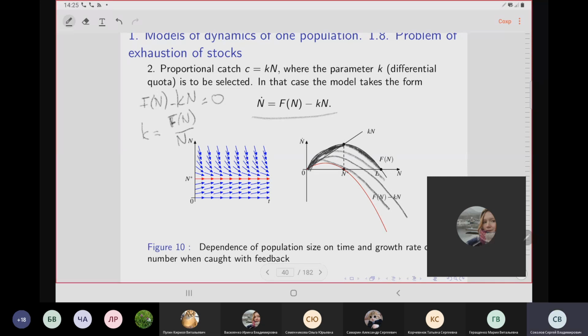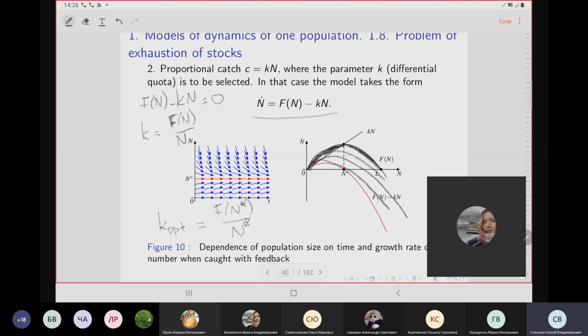And we can see that the biggest possible optimal k is f(n*) divided by n*. So it is the biggest possible catch in our equation.